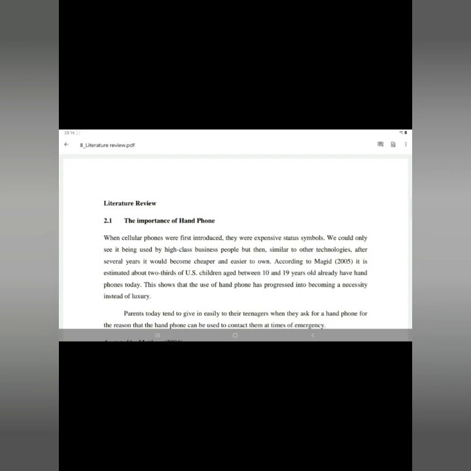Alright, so a literature review is actually a collection of work, a collection of work or previous studies. Okay, you compile them, you compact them, and then put it in a chapter. Anything related to your study or to your topic.